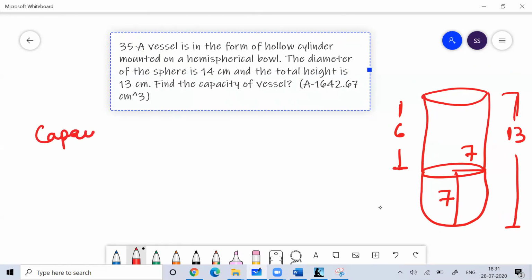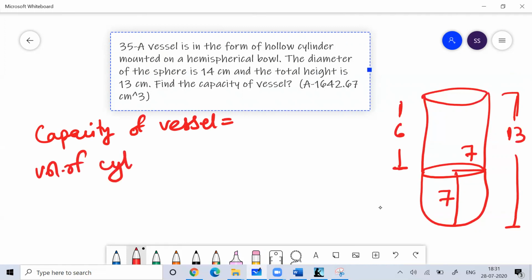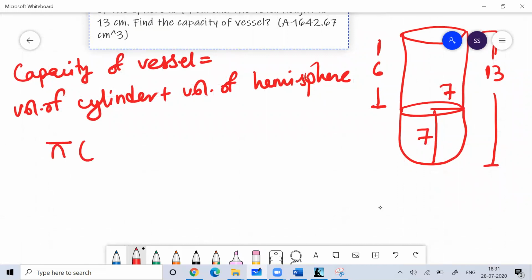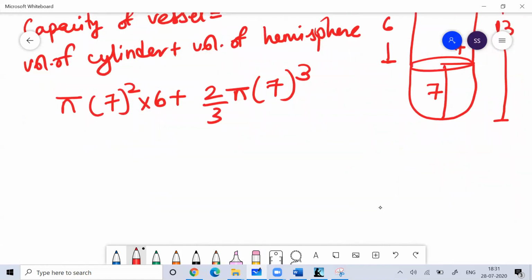The capacity of the vessel is nothing but the volume of cylinder plus the volume of hemisphere. So volume of cylinder is pi r square h plus volume of hemisphere 2 by 3 pi r cube. So you can take 7 square, pi common you can take.